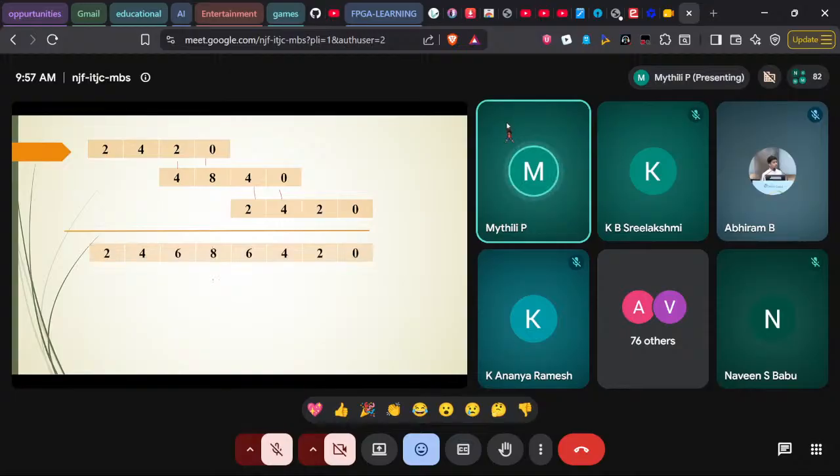So this is the final output of block convolution. And if another block comes, we will have different values starting from here. Up to this point, it will be correct. This will be the output y of n.